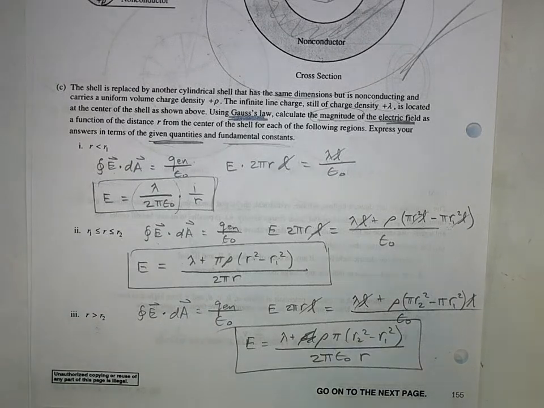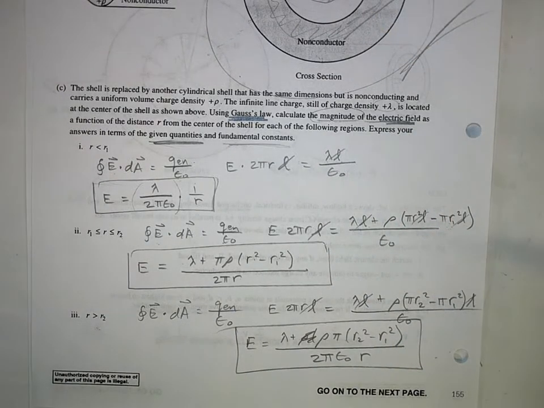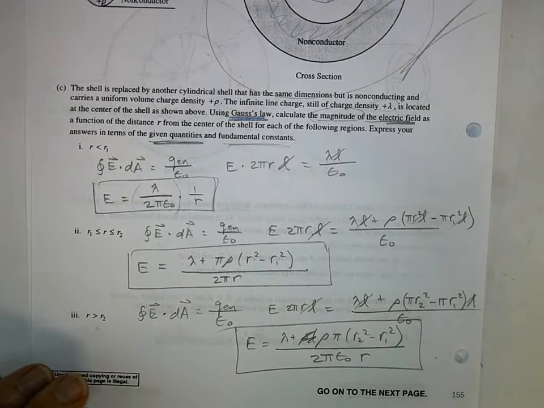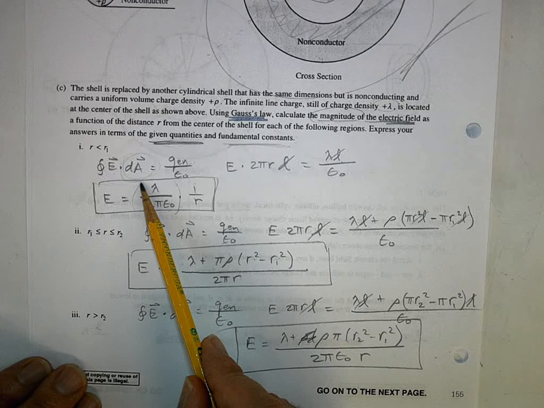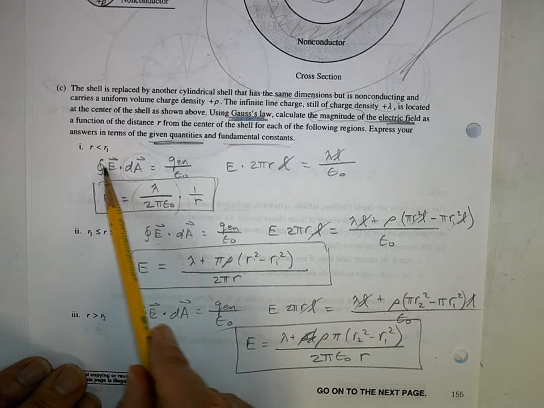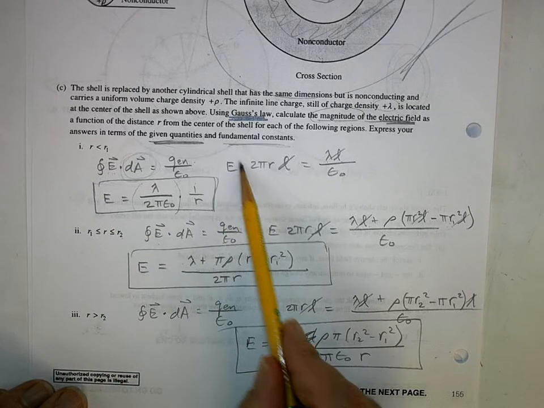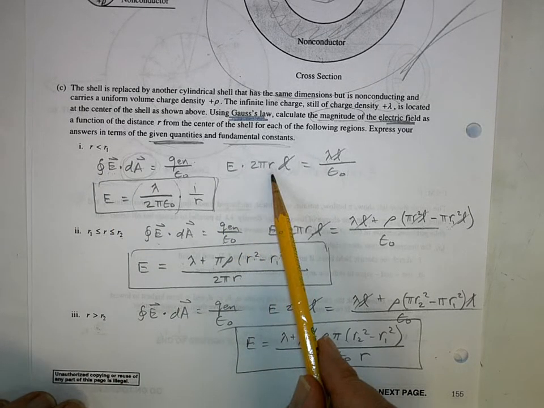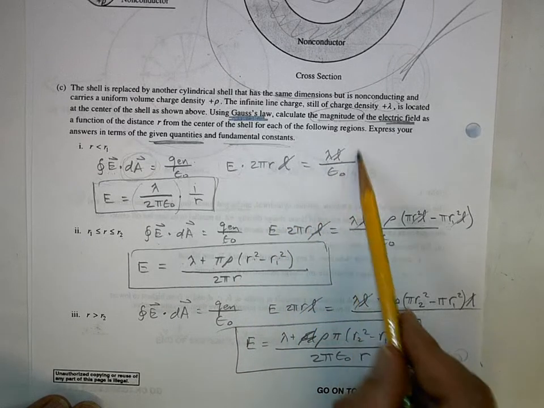Obviously, the big idea is just how to use Gauss's law, and make sure that this is the area of the Gaussian surface. You will never integrate this side because you're going to choose a Gaussian surface where E is the same everywhere. So it's just the electric field times the area. The area equals the charge enclosed by your Gaussian surface.